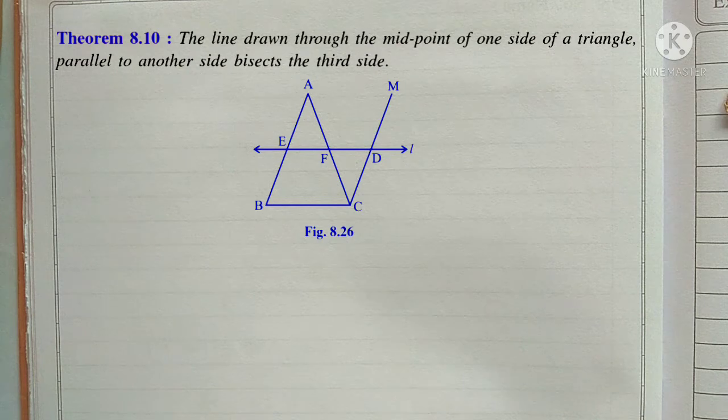The theorem is: the line drawn through the midpoint of one side of a triangle parallel to another side bisects the third side.